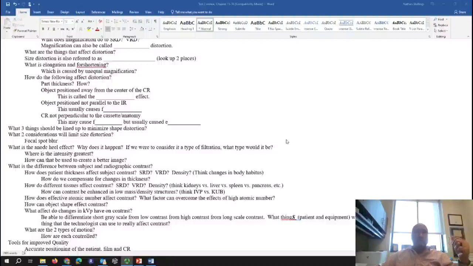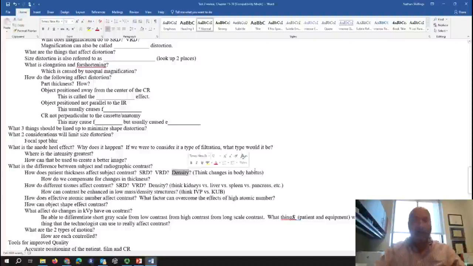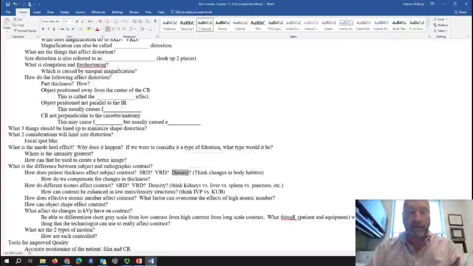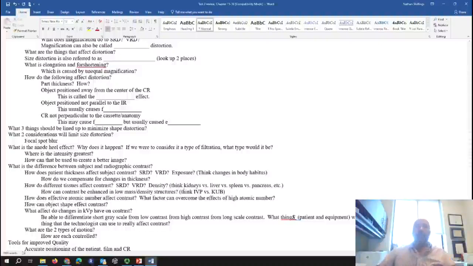So, the difference between subject contrast and radiographic contrast, we've kind of done to death. Patient thickness and how that affects visibility really would be the scatter radiation type thing, and we've kind of done that to death. And exposure: what happens as patient thickness goes up, we potentially lose visibility.